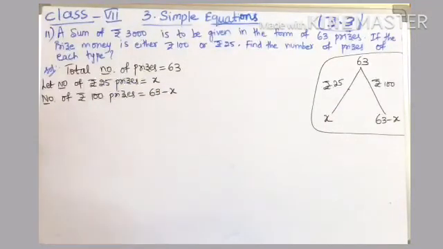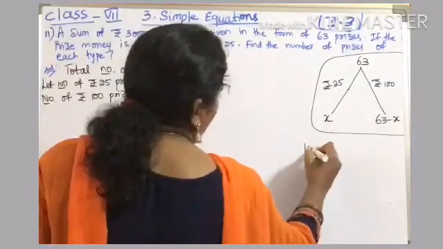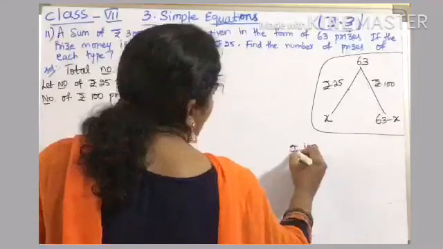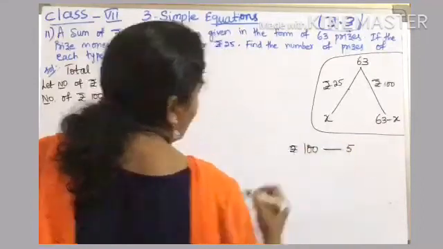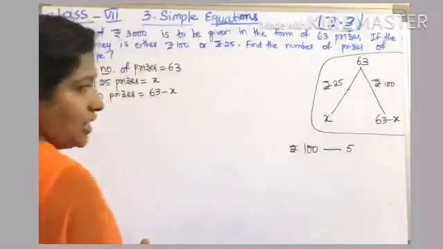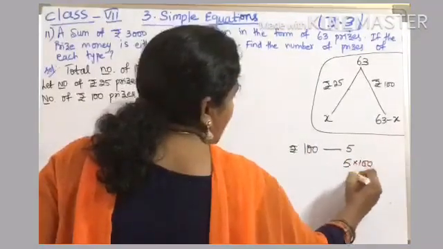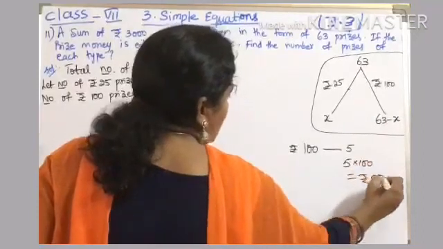Now, suppose in your purse 100 rupees notes are there. So total 5 notes of 100 rupees are there. So what is the value of those 5 notes? You will do 5 into 100, that value is 500 rupees, isn't it?